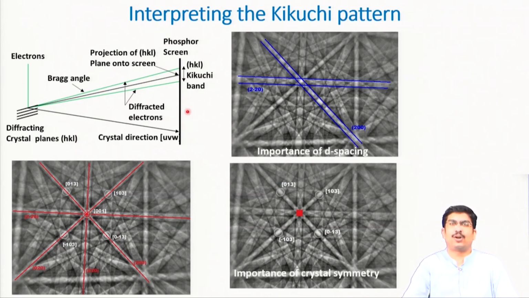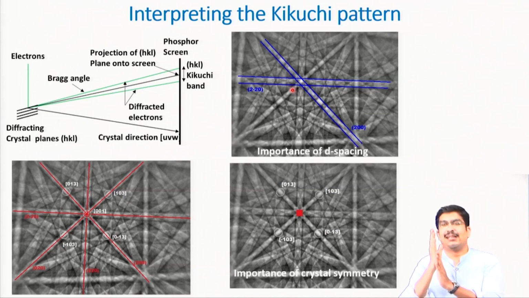Some few things are important, for example, d spacing. Okay. The distance between these two Kikuchi lines, that means the thickness or width, whatever you call it, of this Kikuchi band represents the d value or d spacing of those planes. Remember, I said that two Kossel cones are generated from any one set of planes.